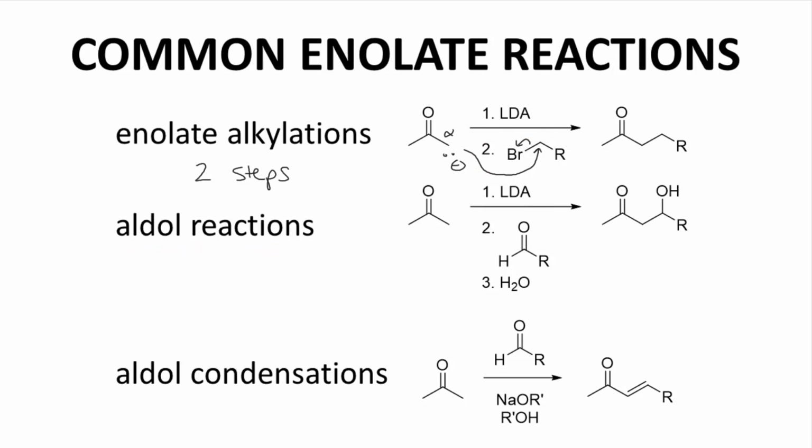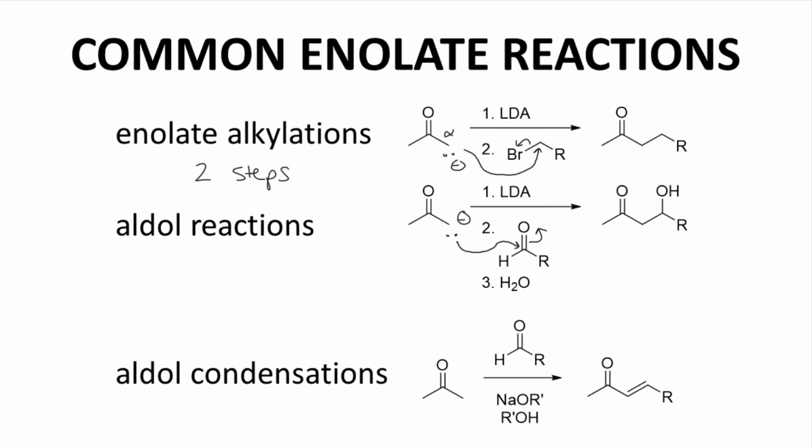The aldol reaction starts much the same, and the first step is a strong base like LDA forming an enolate from a ketone. In the second step, another carbonyl compound, often an aldehyde, is added. The enolate attacks the other carbonyl to make a tetrahedral intermediate.